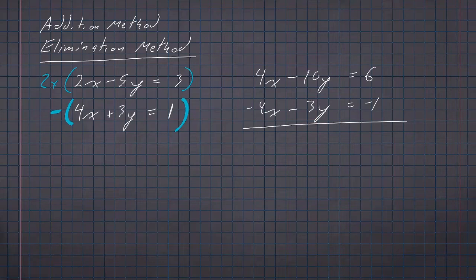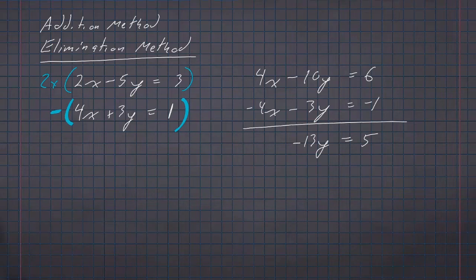But I have carefully set this up so that when I do that, 4x and negative 4x, combining like terms, go away. And we're left without x in the resulting equation. Combining like terms, negative 10y and minus 3y is negative 13y, and 6 minus 1 is 5.